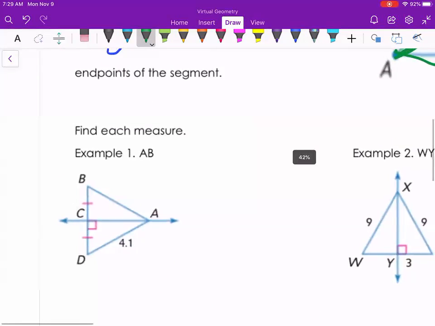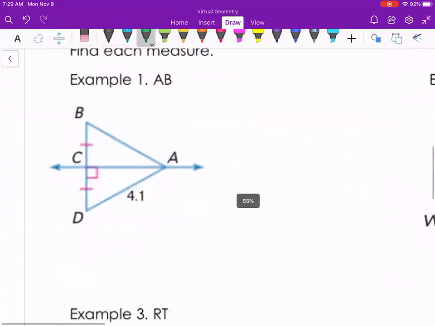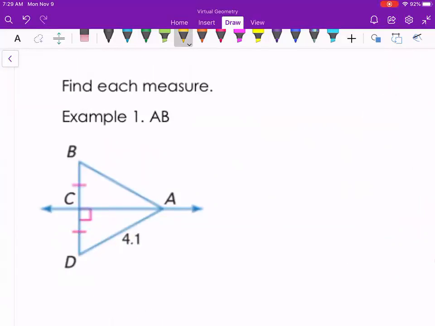So now let's see how we can use the perpendicular bisector and the perpendicular bisector theorem to answer some questions. Example 1: find each measure. We're looking for A to B. That's the side I'm looking for. If AC is my perpendicular bisector, how do I know line AC is? Well, it's hitting the midpoint C because of those congruent dashes.